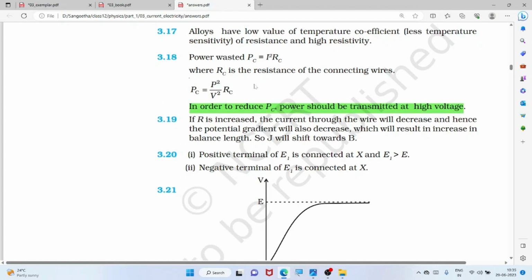Based on this formula, the voltage comes in the denominator. So if we increase the voltage, the power loss will be minimum. So in order to reduce the power loss, power should be transmitted at high voltage.